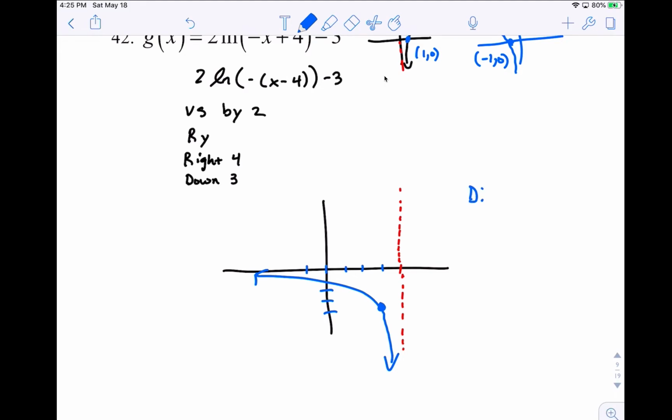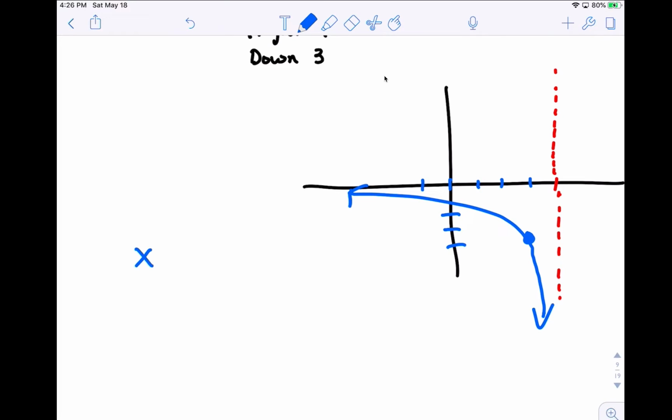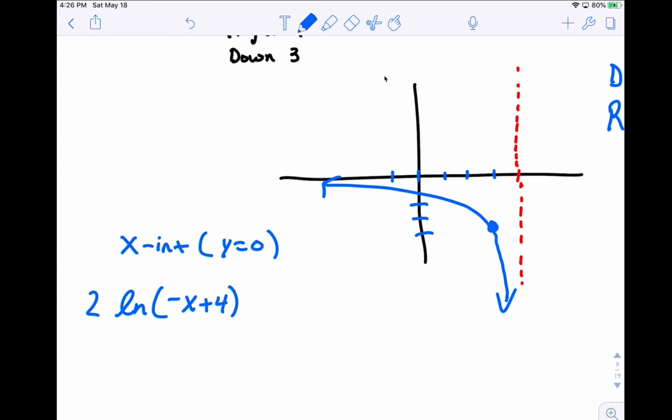All right, the domain, negative infinity to 4, because that's where your asymptote's at, and then your range is all real numbers. Okay, now x-intercept. Again, you set the equation equal to 0. So 2 natural log of negative x plus 4 minus 3 equals 0.